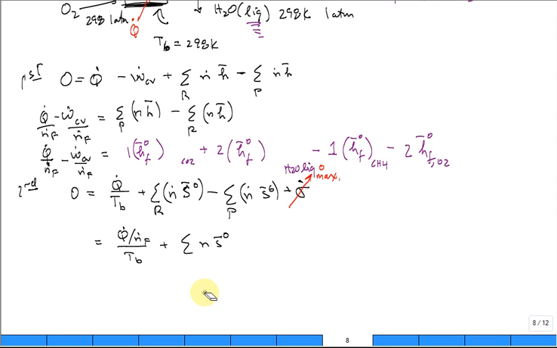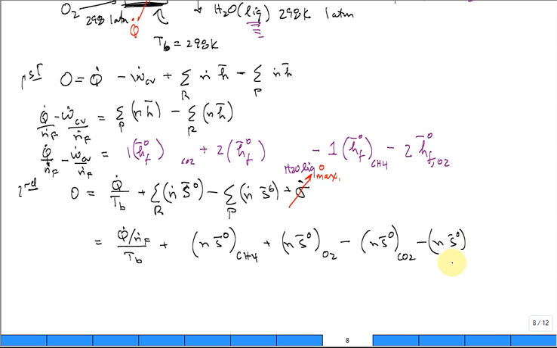And what I'm going to do is say for the reactant CH4 plus N S bar naught for the reactant O2 minus N S bar naught for the product CO2 minus N S bar naught for the product H2O liquid. True? Did I get that right? All right. This is equal to 0.